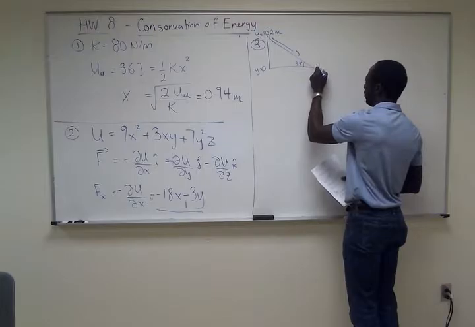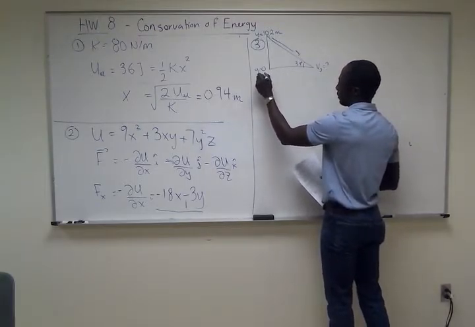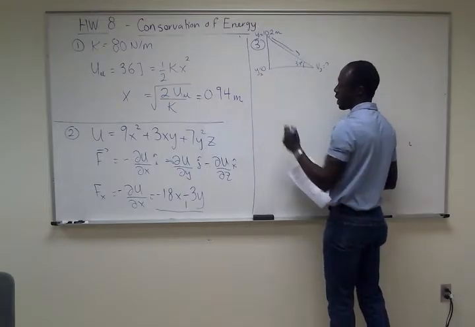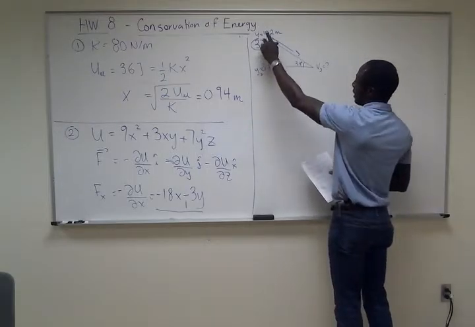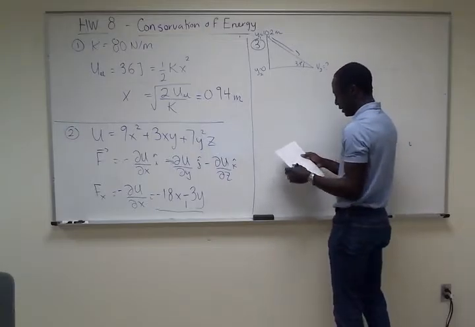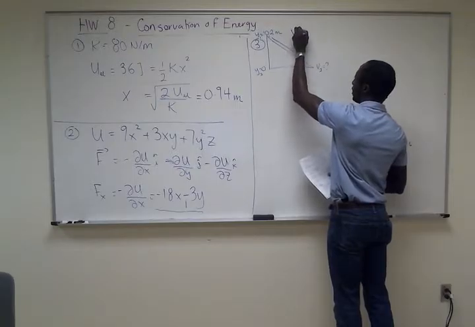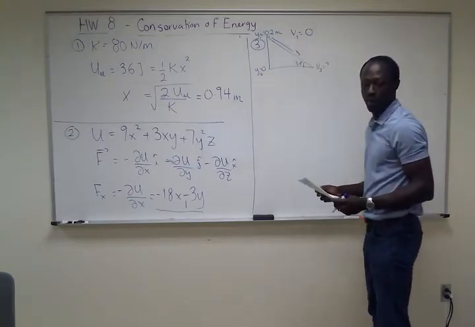So we'll call that V2. The y here will be his final position, which we'll call y2, and this is his initial position, so we'll call that y1. Since the skier is starting from rest, his initial speed, v1, should be equal to 0.